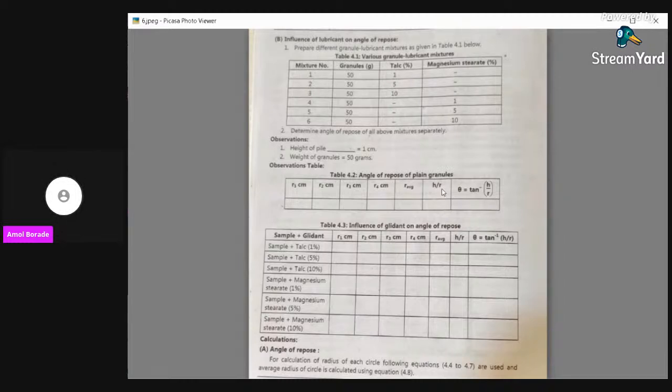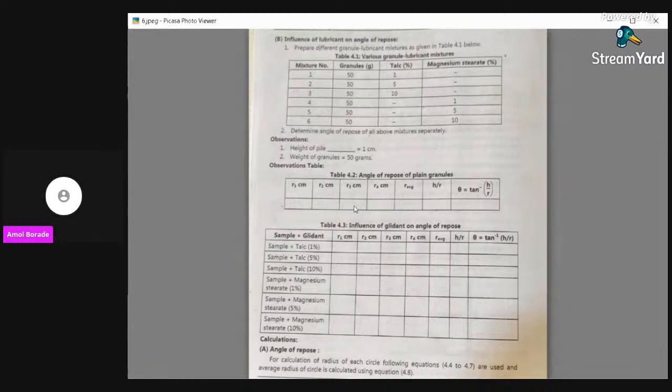The first circle is the batch containing only the granules. Take the R of that. So height is there, R is there, H upon R is mentioned over here.